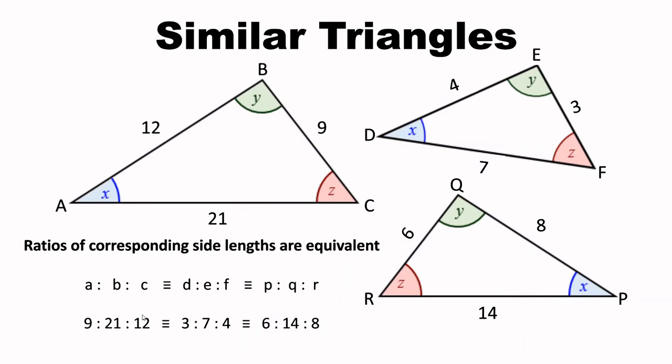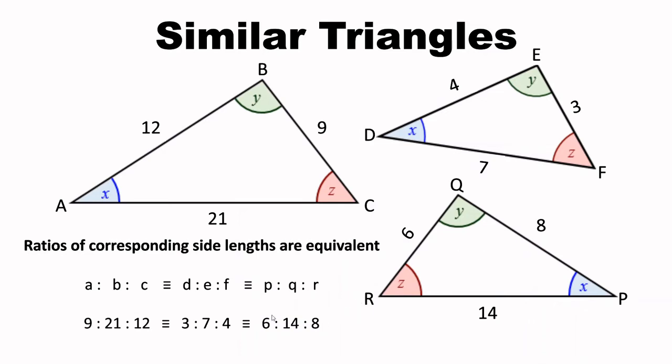And in triangle DEF, I've got side length D, which is 3, side length E, which is 7, and side length F, which is 4. And in triangle PQR, I've got side length P, which is 6, side length Q, which is 14, and side length R, which is 8.